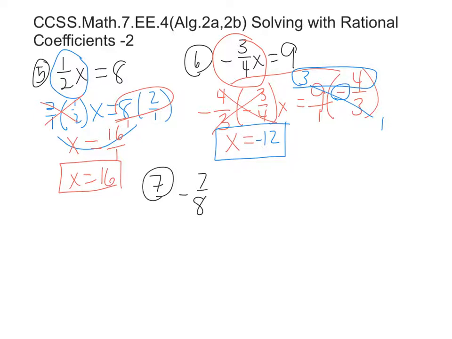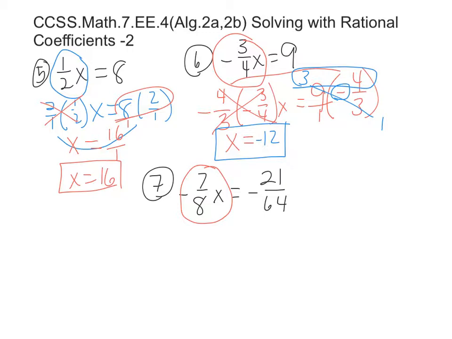Negative 7/8 x equals negative 21/64. All right, so getting harder, but you're getting smarter, so it's okay. So we're looking at the x side, and the x is being multiplied by negative 7/8.